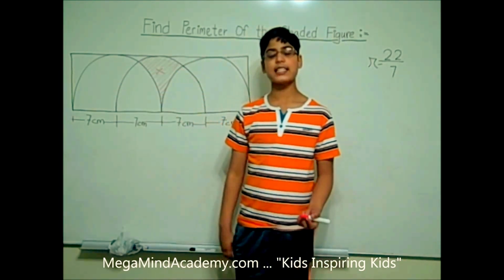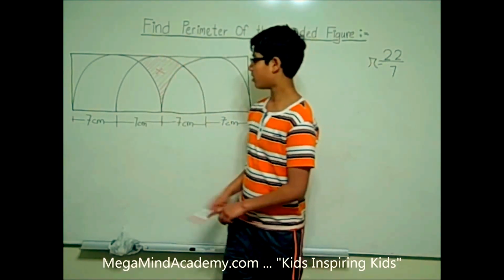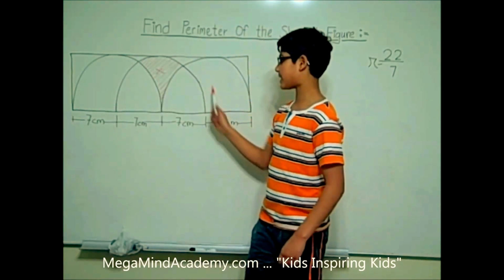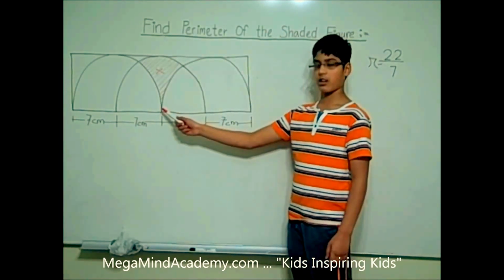We can see in this diagram that there are 3 semicircles. This is the first semicircle, this is the second semicircle, and this is the third semicircle.